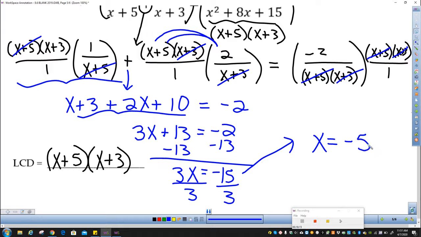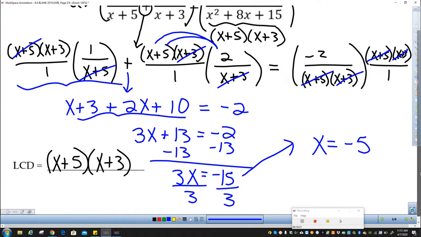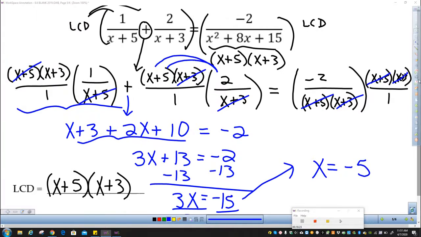is -5. Now, here's the interesting thing on this problem. Hang on just a second. So if x were really -5, and if we were to plug that in for x back into the original equation, in the very first fraction here and at the very last one, we have an x plus 5 in the denominator. Hold on.